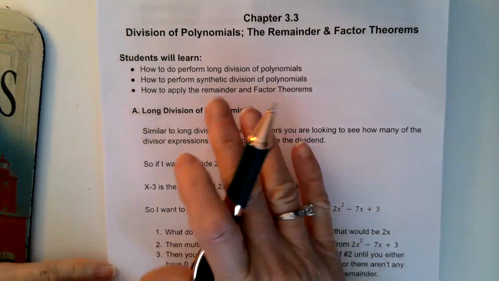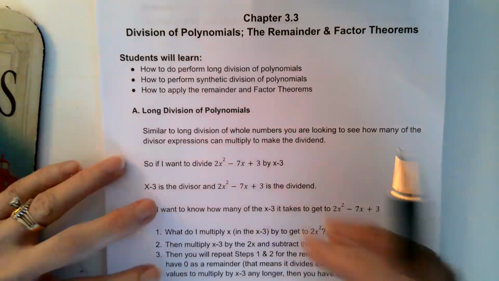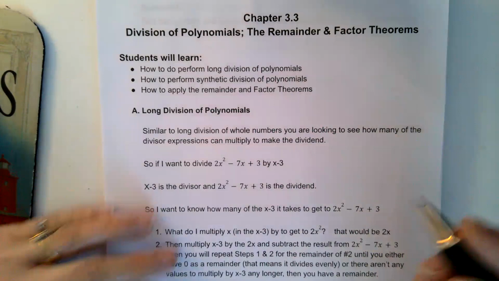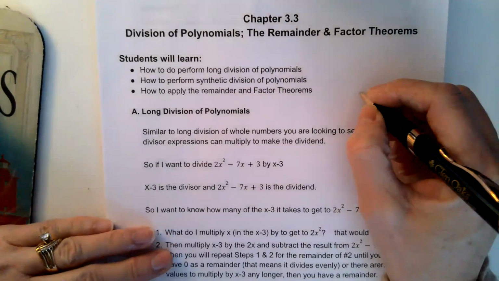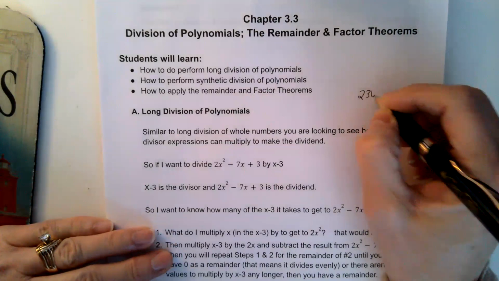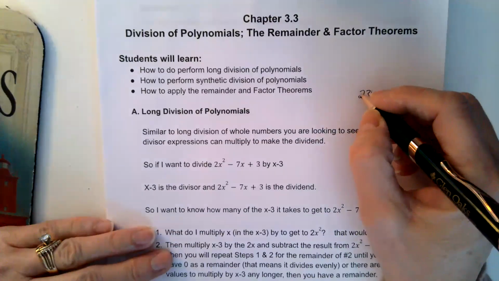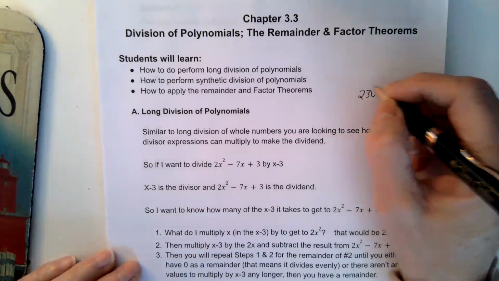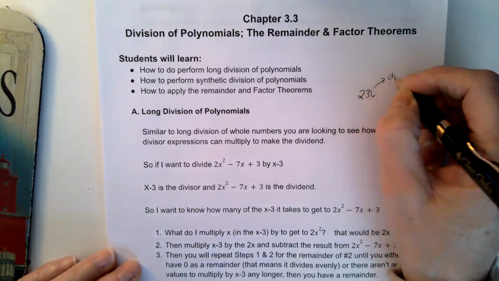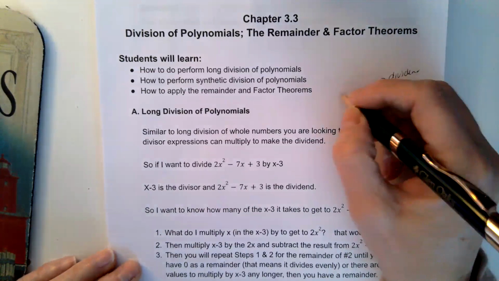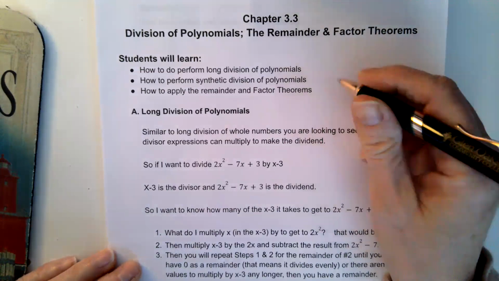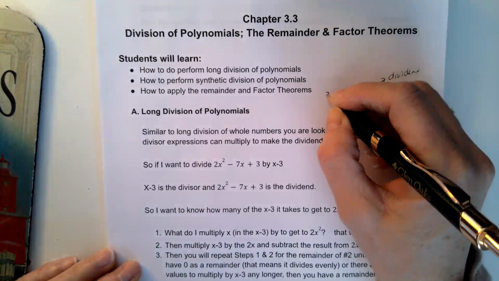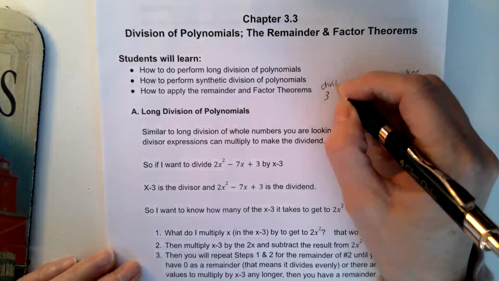So the first method of division is going to be long division, and it's going to be very similar to how we've divided other numbers in our life. So let's say we had the number 236, and I wanted to divide 236 as my dividend by 3 as my divisor.